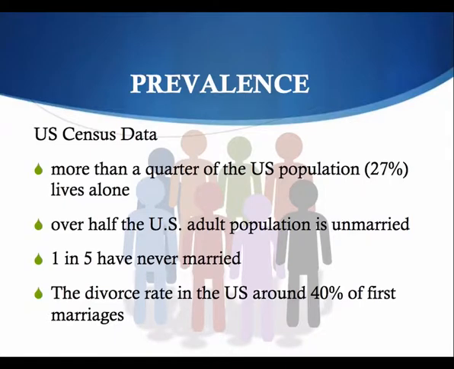The one source of data that is routinely collected is U.S. Census data, which really gets more at some of these structural aspects. So, for instance, more than a quarter of the population lives alone. Over half of the U.S. population is unmarried. 1 in 5 have never married, and the divorce rate in the U.S. is around 40% of first marriages.